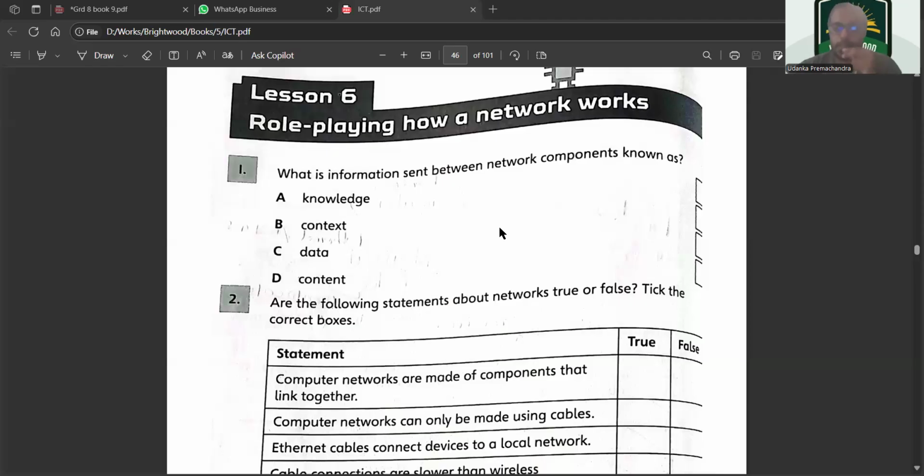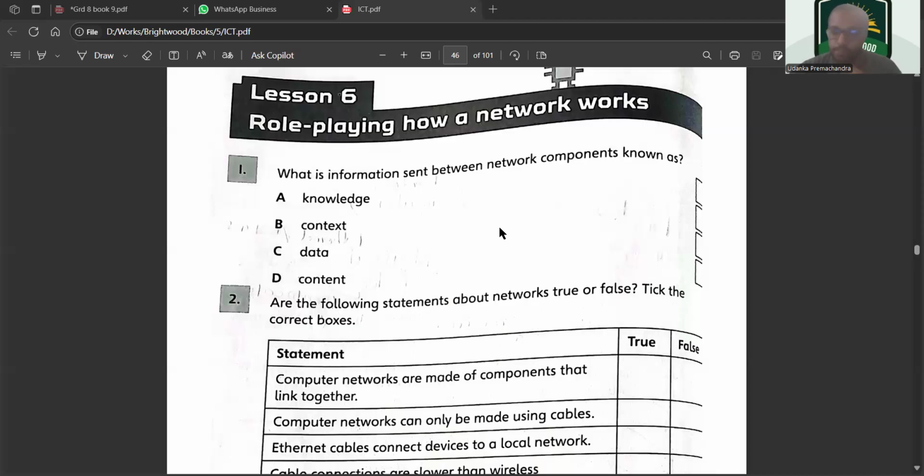You can write the answers in the workbook. What information is sent between network components known as? What is the information that is being sent within the network component? Sharing knowledge, context, data, or content?